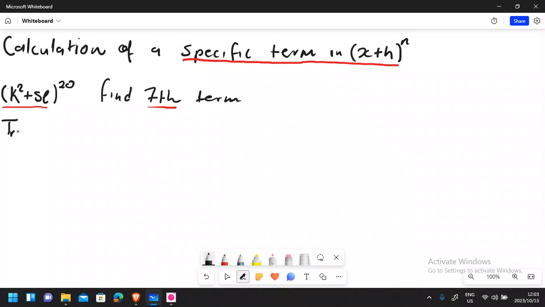It's going to be T r plus 1, and this is equal to n factorial divided by r factorial, r factorial, and then n minus r factorial, let's not forget, multiplied by x to the power of n minus r multiplied by h to the power of r.